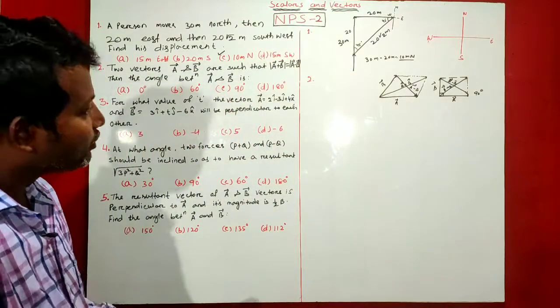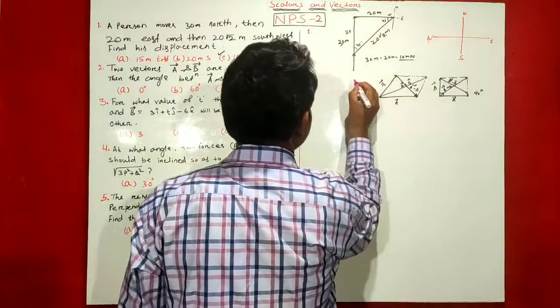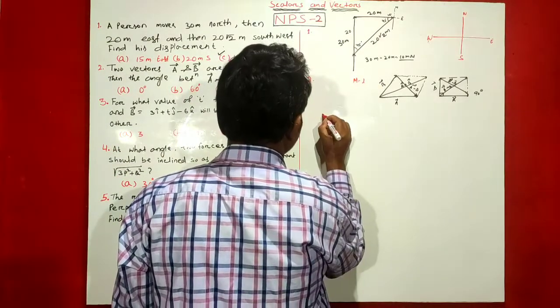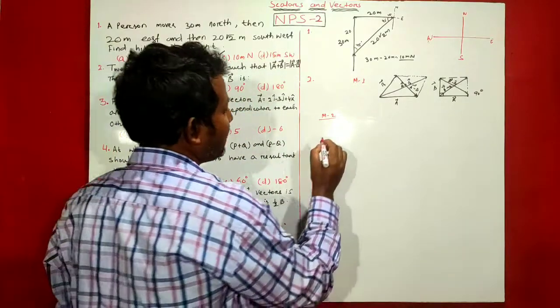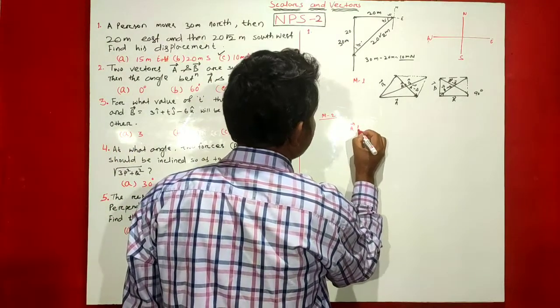Next, we can also find it by another method. This is method 1, and method 2 is that you can find it by using the formula.